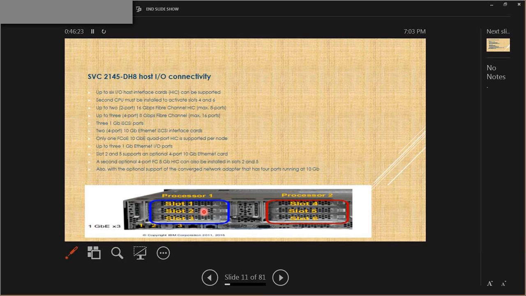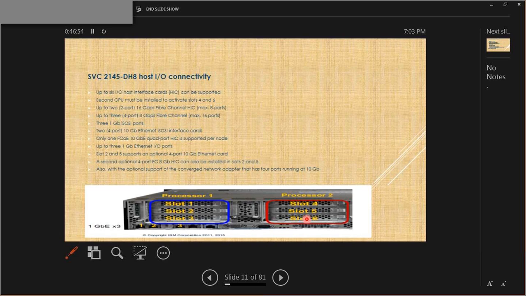So in case of DH8, if you want to do volume compression, you need to have a compression accelerator card connected to slot number 4 and slot number 6. So you can either have a single card or 2 cards. But those cards will only be functional if you have another processor connected to it. Because in order to perform that compression, definitely you need some kind of processing capability, right? So we need to have a second processor here.